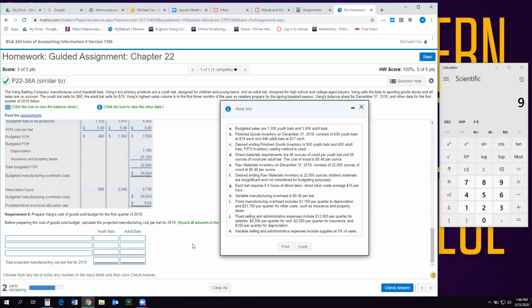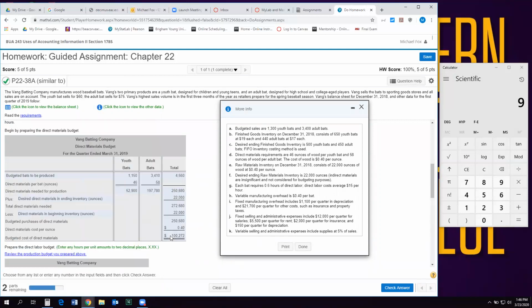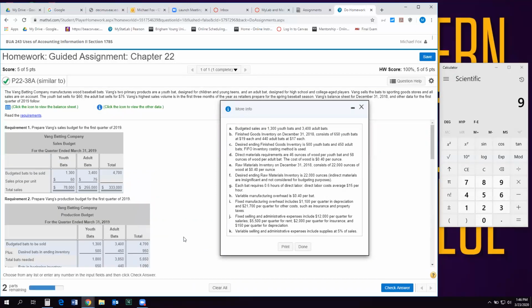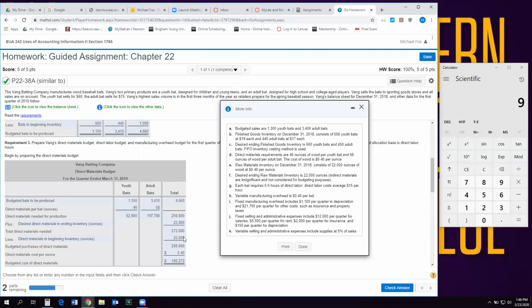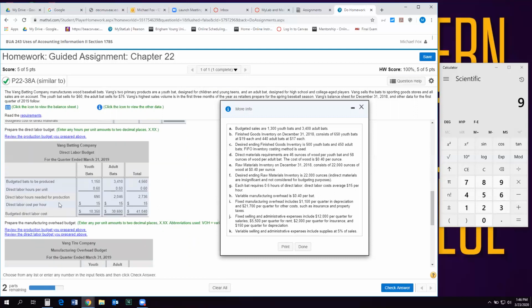All right, so now we have to do our cost of goods sold budget. So remember, our cost of goods sold is just our direct labor plus our direct materials plus our manufacturing overhead. And this is done per bat, so we're going to have to do a little bit of thinking about that. So our direct labor cost per bat, again, we can look up at our direct labor budget.